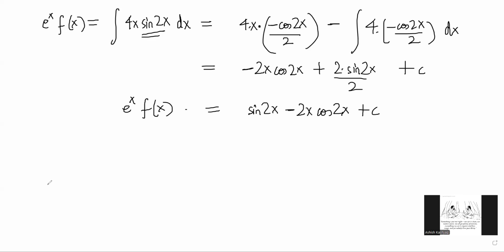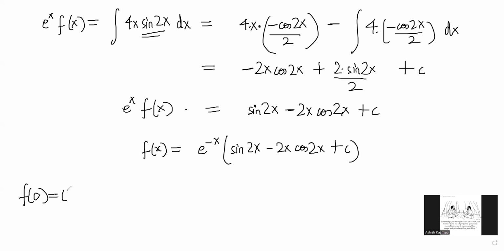This is what we are getting so far. Now f(x) comes out to be e^(-x) times (sin 2x - 2x cos 2x) plus c. Because the question has given us f(0) = 0, we put x = 0 here.